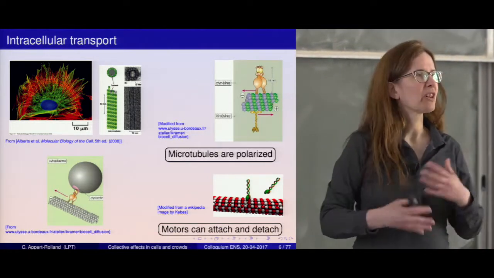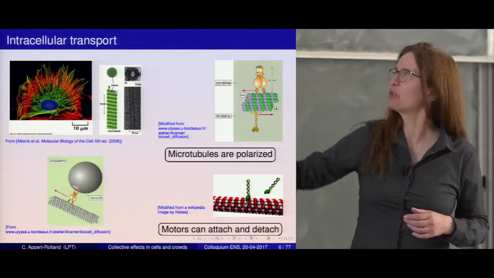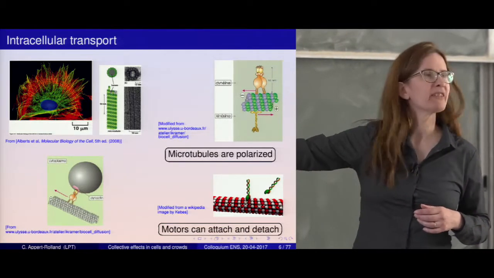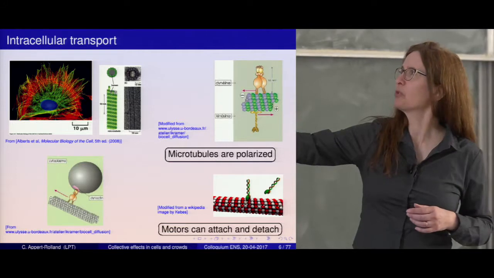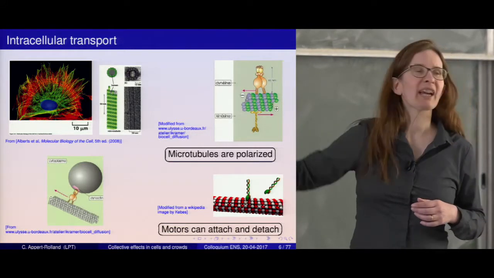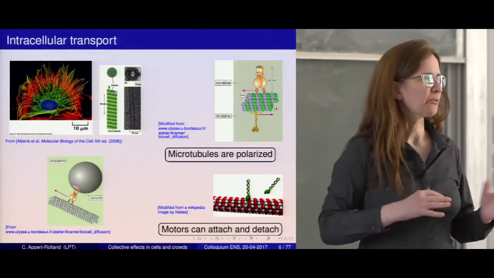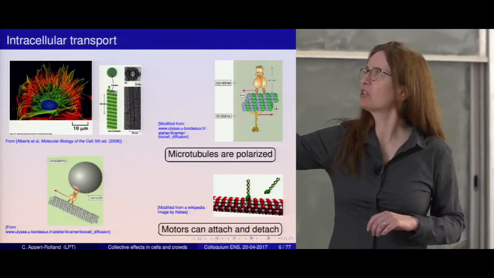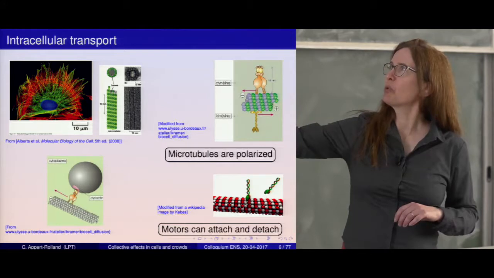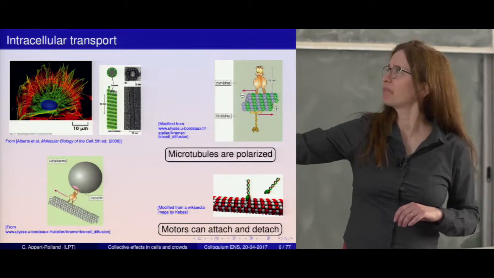And then you have another kind of network, rather concentrated near the external wall, made of actin, which are also polymers, but not so stiff. So I will mostly concentrate on transport on these microtubules.